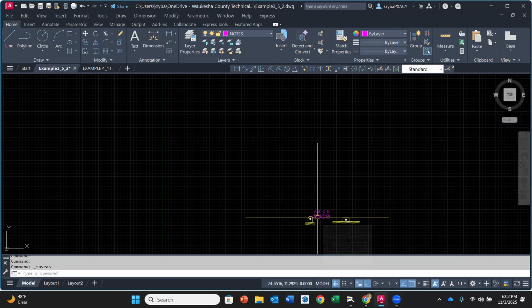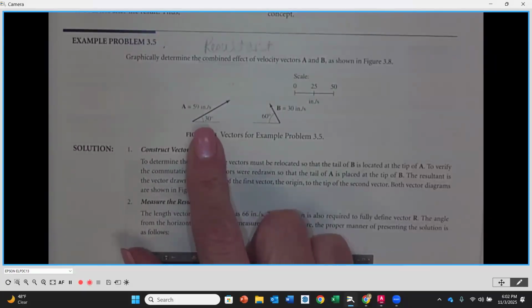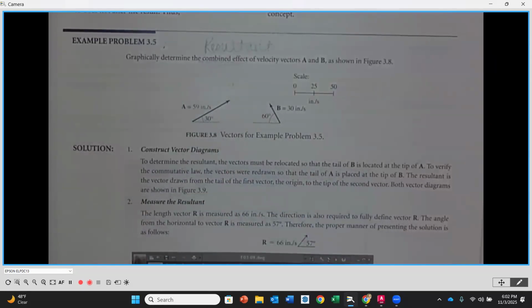Now, this particular vector A and vector B, vector A is 59 units long. Yes, it's inches per second, but we can't change our units to inches per second. And like I said, it's basically units long is all that I'm worried about. All right, so I'm going to draw it at 59 long at a 30-degree angle.